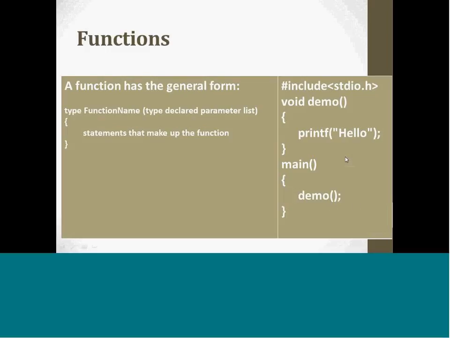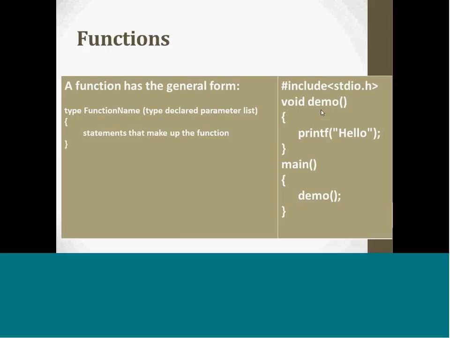On the right-hand side, I have a simple example. For example, you want to create a function that just prints out hello on the screen. I can do it this way. The top line includes the standard library, and I name the function demo.